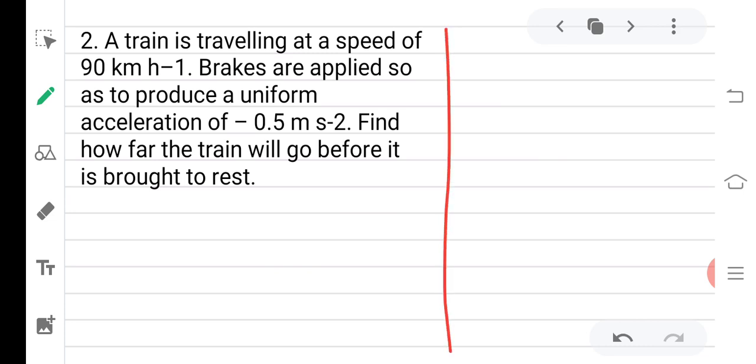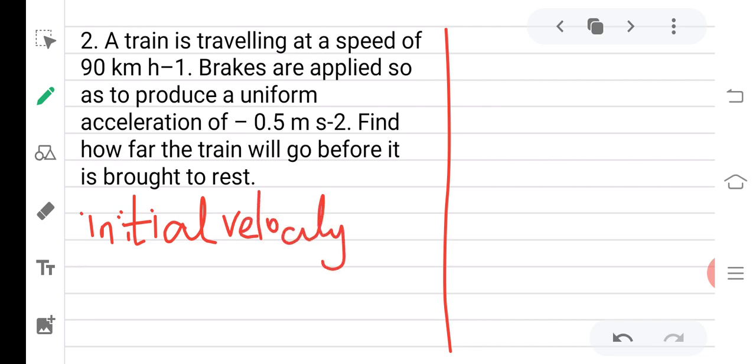So again we'll start with the given data. Initial velocity is given. So u is equal to 90 kilometer per hour, as the train is already traveling at that speed, so we consider it as the initial velocity.